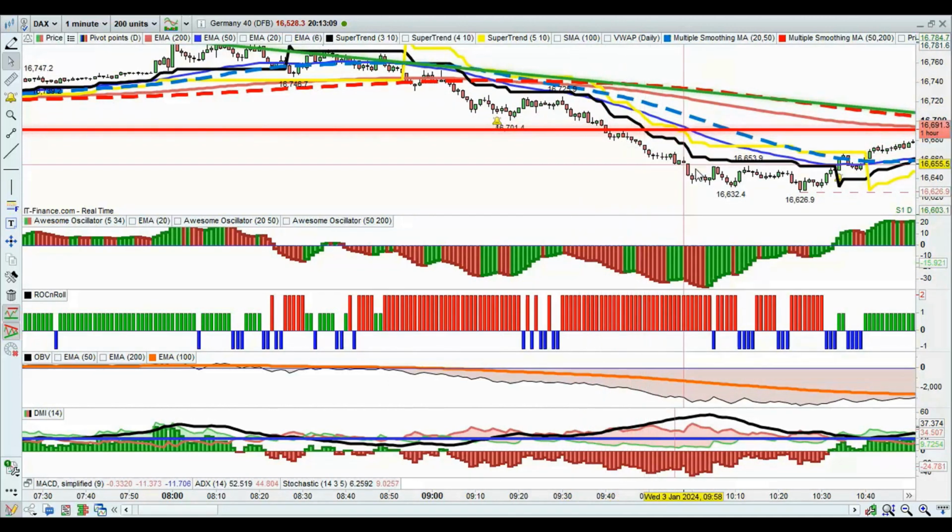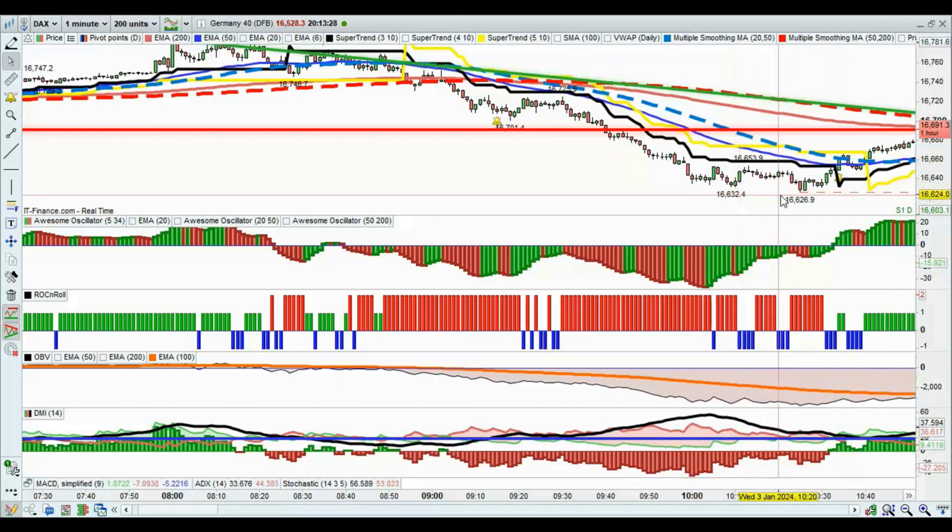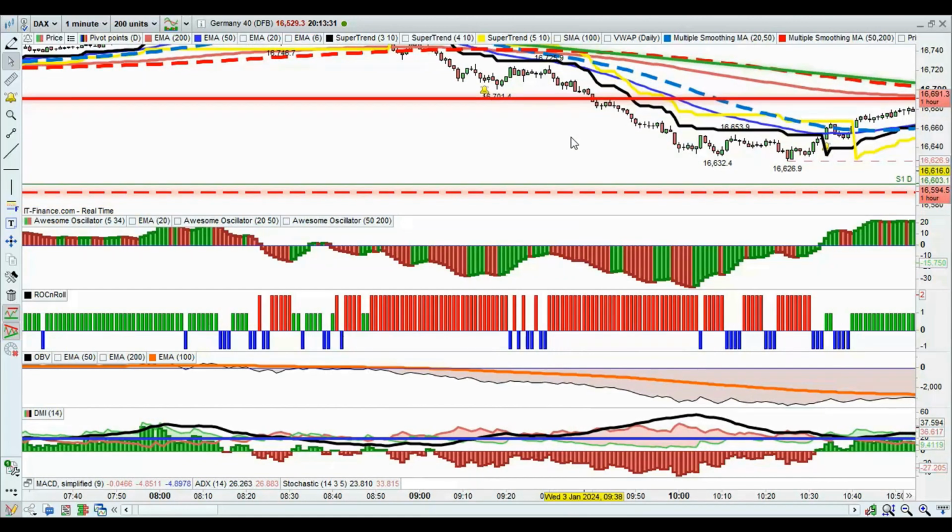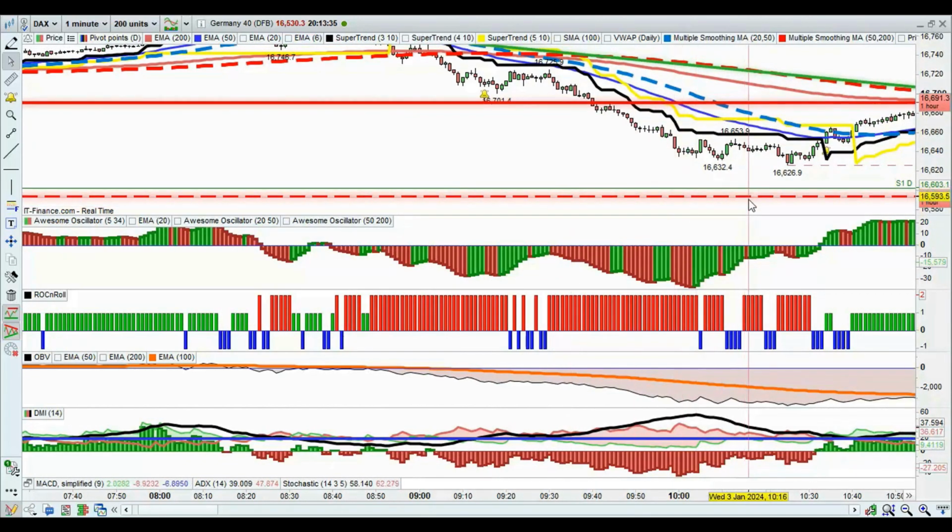It drops all the way to 16,626, got 16,632, moved up again here to 16,652, and then it came back to that level again at 6 points just below it there. So it hadn't dropped towards the target point, which is at this stage at 16,594.